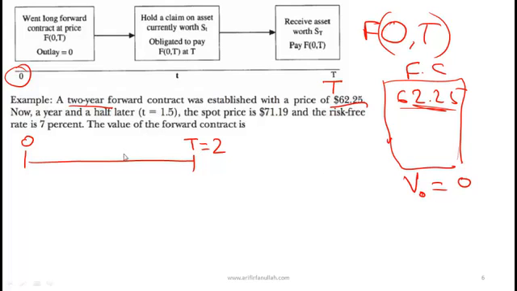Now, what's the next logical question? How do you come up with that value? Let's look at an example. We are on this 2-year forward contract that was established with a price of 62.25. Now a year and a half later, at time t equal to 1.5, the time in between is denoted by small t.